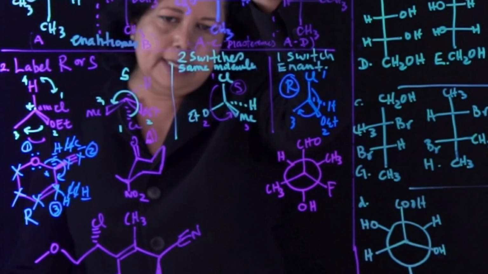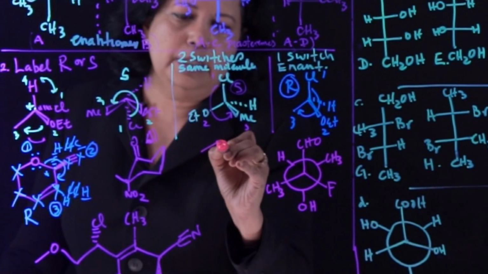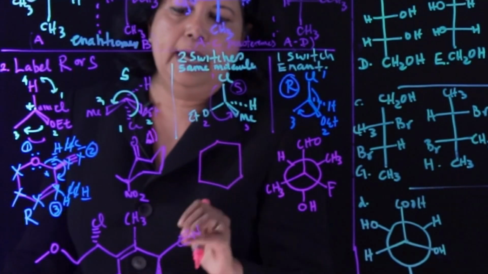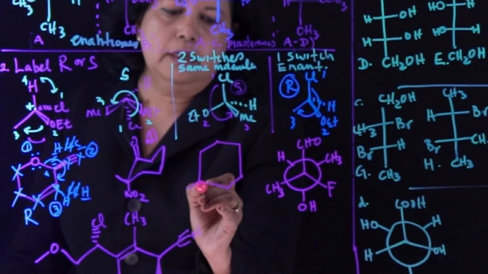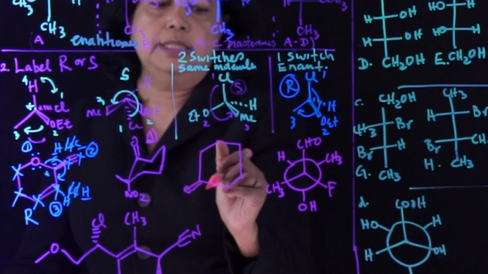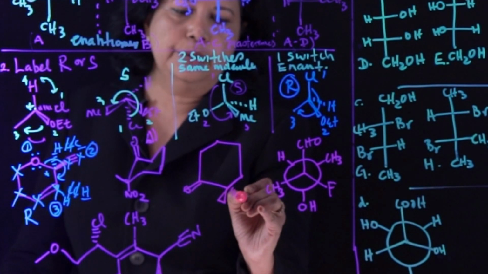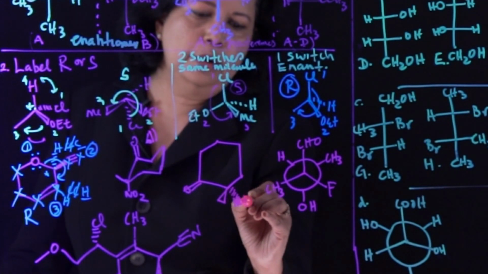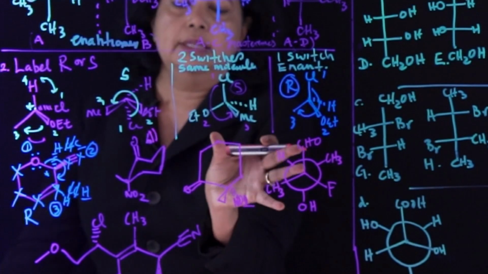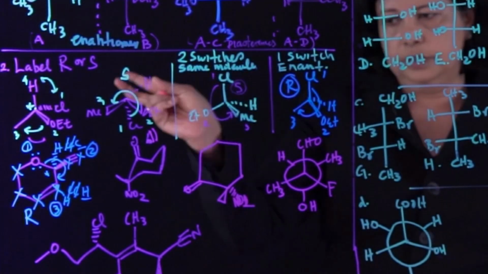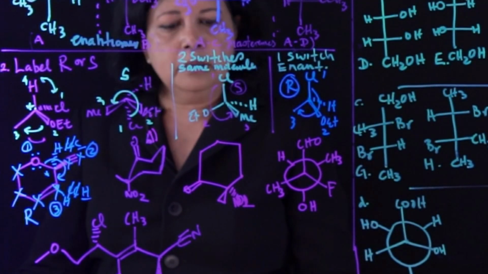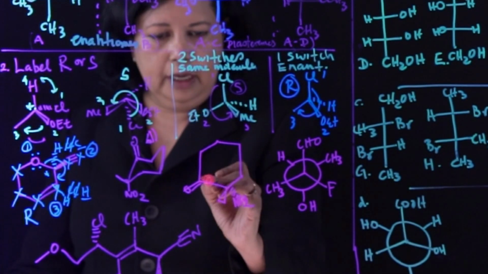Let's say you're going to look at it like this. So you're just going to see a 6-membered ring flat. Over here you're going to see a carbonyl, and here you're going to see a methyl up and an NO2 down. Now you can flip this and draw it out so this whole thing is 180 degrees on the other side. That's fine too. All right, so now let's see where the chiral center is.